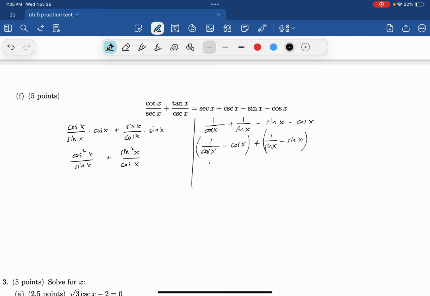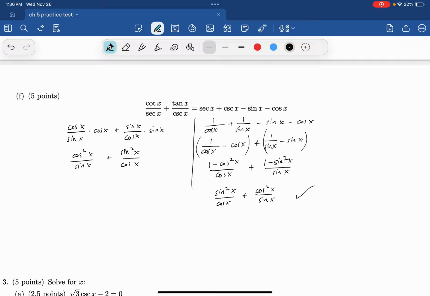And then this actually becomes 1 minus cosine squared over cosine plus 1 minus sine squared over sine. Okay, we can do that if we try to get common denominators. But then if we now use the Pythagorean identity, this leaves us with sine squared x over cosine plus cosine squared x over sine, which matches the left-hand side.